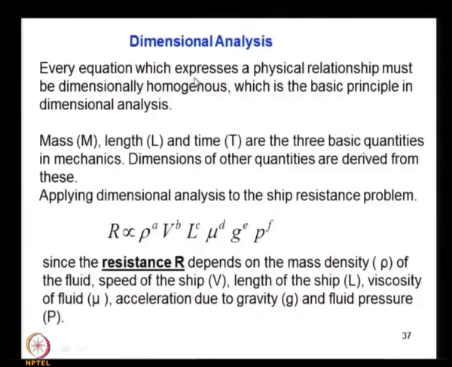So, you can see here, every equation which expresses a physical relation must be dimensionally homogeneous. Isn't it? When you write an equation of motion or any equation, all the terms should have the same dimension. If it is a linear equation of motion, you will get all the terms in newtons.